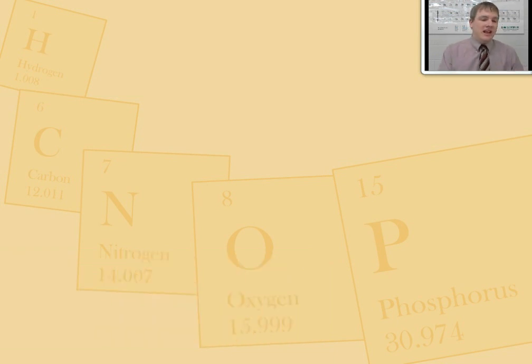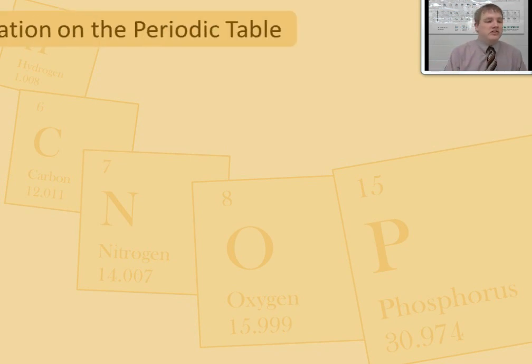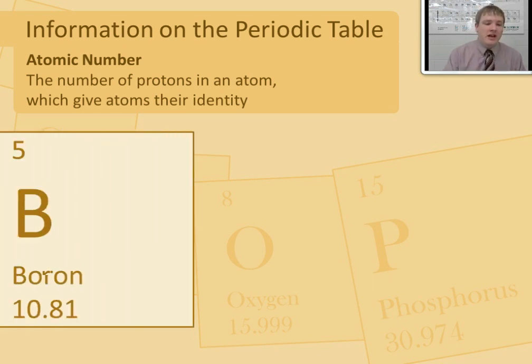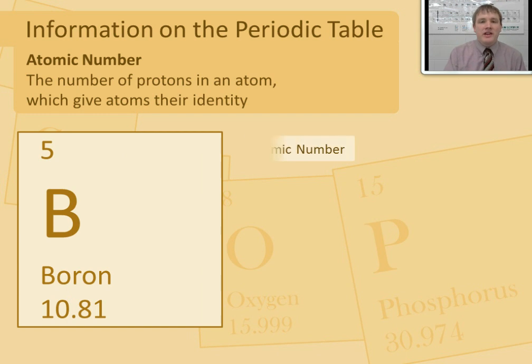To start that, we're going to consider some of the numbers and letters that are on each element square to help us understand what each element square tells us. First off, a very important number that's pretty much on any periodic table you look at is the atomic number. It's the number at the top of the element square, and it tells you something very important.